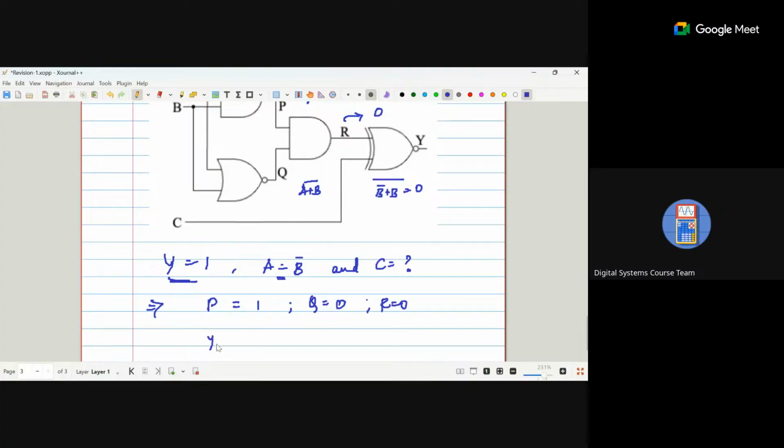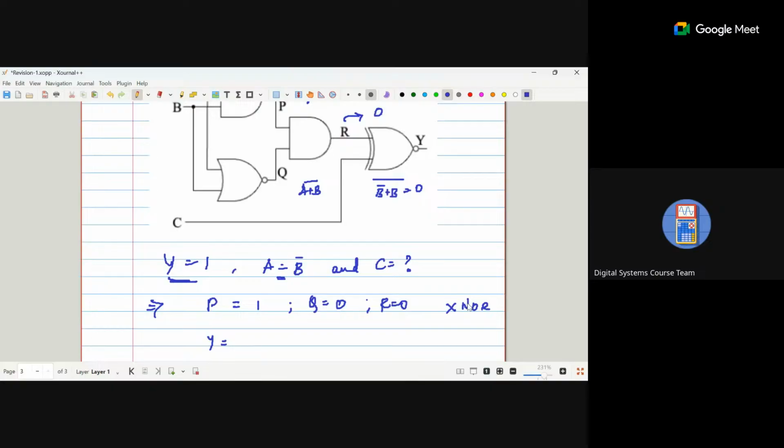Now at Y, what is Y in terms of R and C? Which gate is it? It is an XNOR gate. So what is the truth table for XNOR gate?